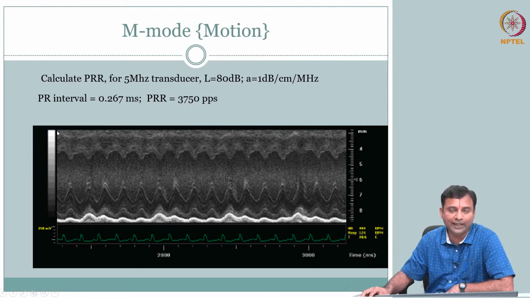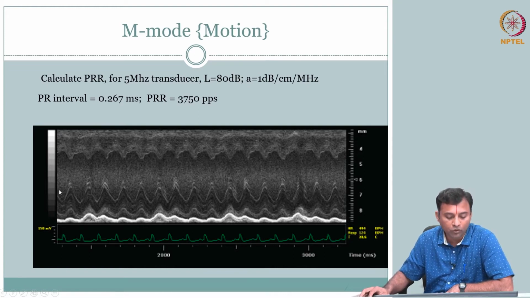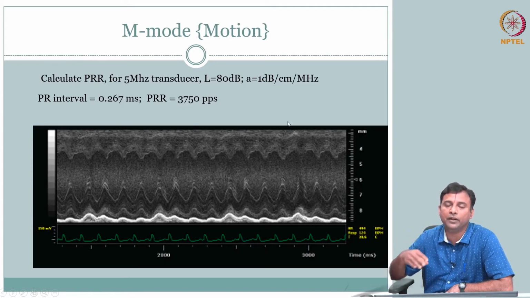When I plot the A line as a function of time, I get a motion mode. Why is this a motion mode? Notice that this interface is coming close, going up, so this is opening and closing here. Skin does not have many oscillations; skin is not moving up and down that much.